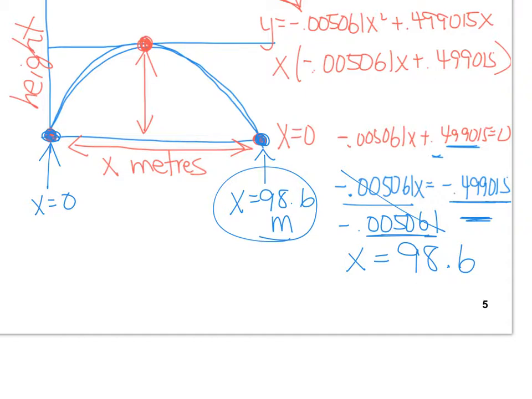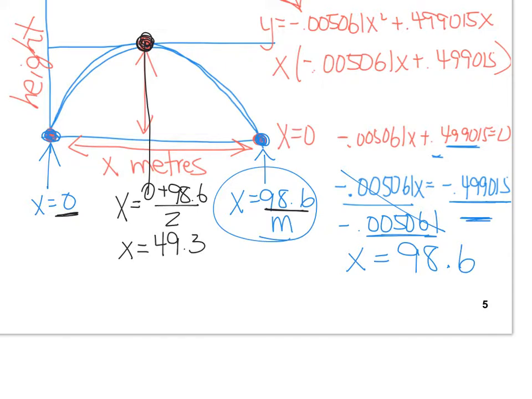Now, if we want to know this vertex point right here, we know that the axis of symmetry is going to be the average of our two x-intercepts. So 0 plus 98.6 divided by 2, x will equal 49.3.